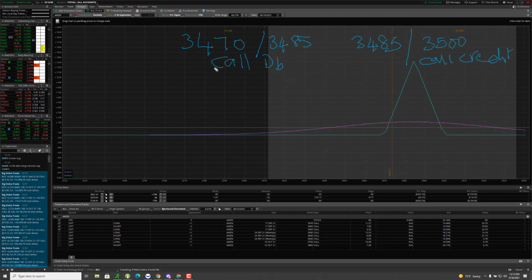So when I'm doing a debit spread, what am I saying? That I am willing to buy this call and I'm willing to sell this call. So the difference is $15. If it goes above 34.85, I will make $15, which is the width of the spread. That is what I'm going to make. When you do a call credit spread, you are shorting this, which means you're saying I'm willing to sell this and I'm willing to buy this, right?